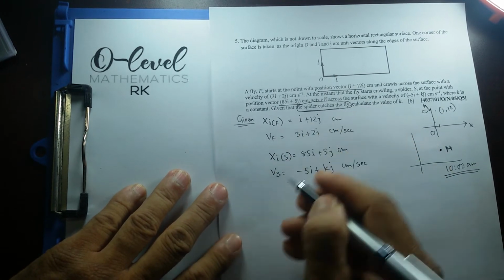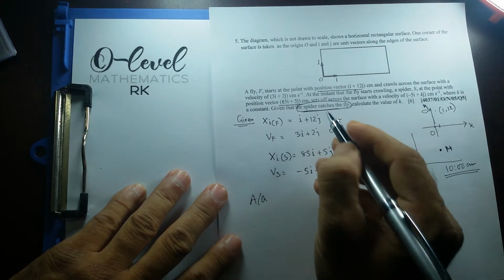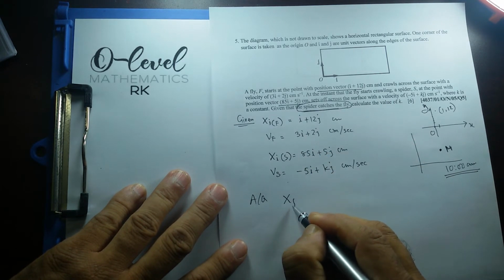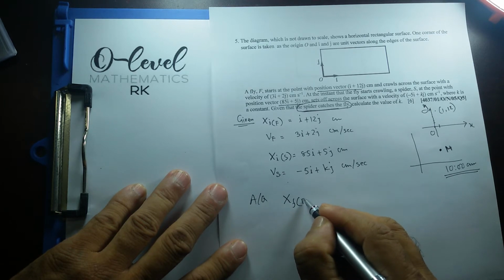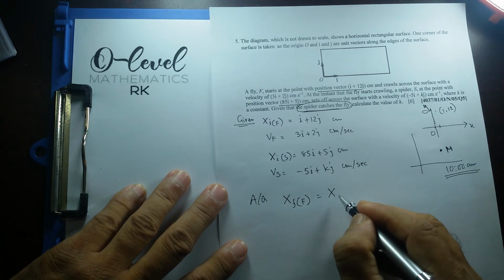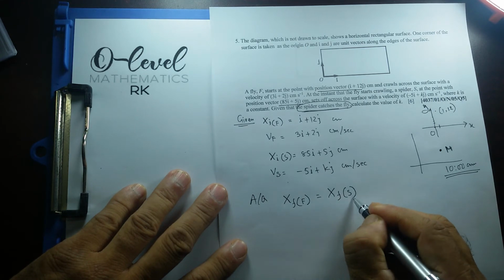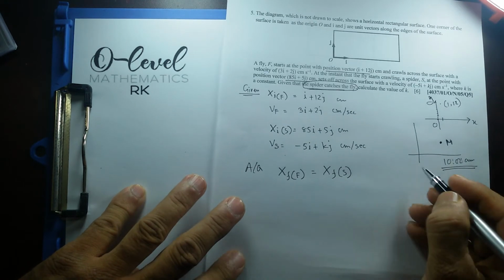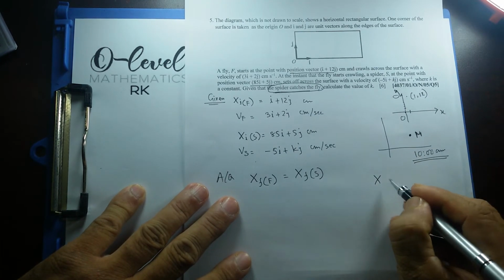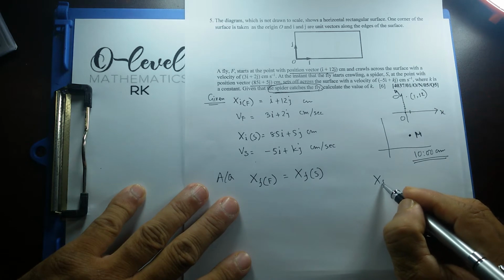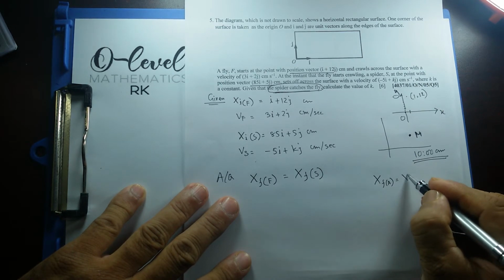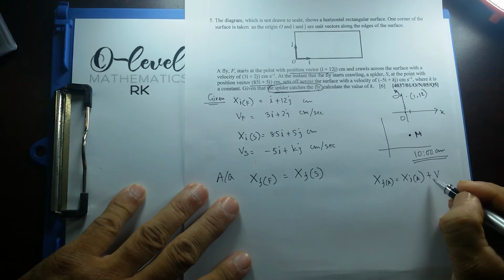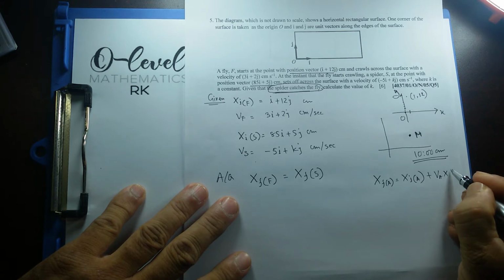Now, since the question says the spider catches the fly, I'm going to say the final position of the fly equals the final position of the spider. I hope you understand this concept. Now, for any moving object, let's say A, the final position of A is the initial position of A plus the velocity of A times time.